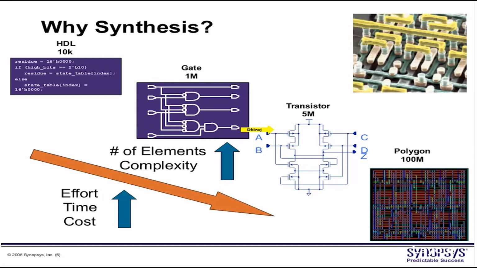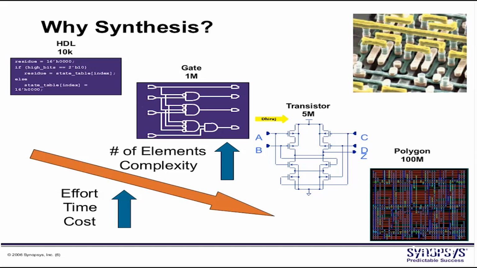Each gate will have n number of transistors. We saw that a 2 input NAND gate is comprised of 4 CMOS, or 2 NMOS plus 2 PMOS, that means 4 transistors. So similarly, a 1 million gate level netlist will translate easily into a 5 to 6 million transistor count.